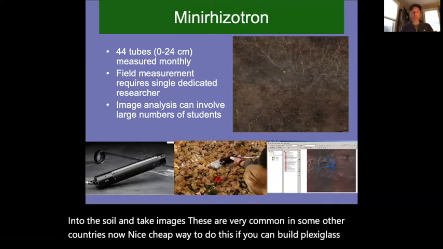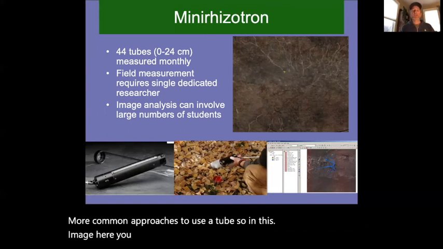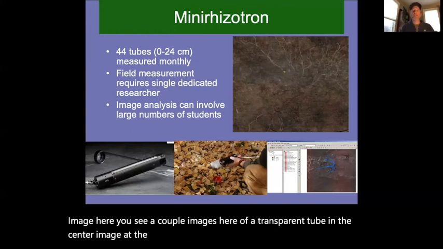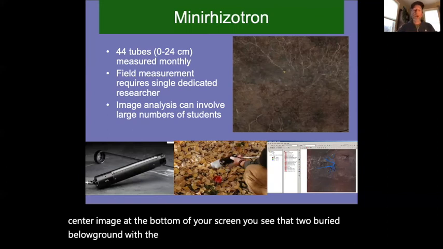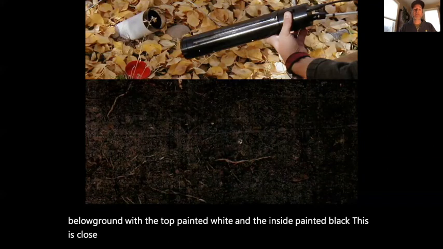A more common approach is to use a tube. So in this image here, you see a couple images of a transparent tube. In the center image at the bottom of your screen, you see that tube buried below ground with the top painted white and the inside painted black. This is a close-up of that same image.